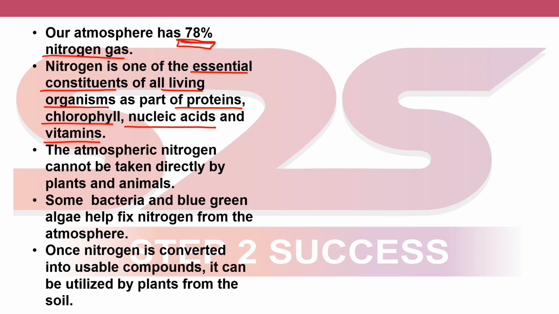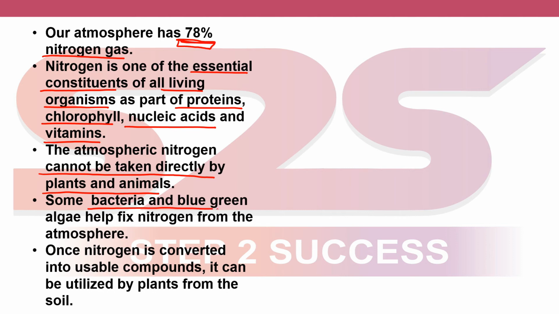The atmospheric nitrogen cannot be directly taken up by plants and animals. Some bacteria and blue-green algae help fix nitrogen from the atmosphere.